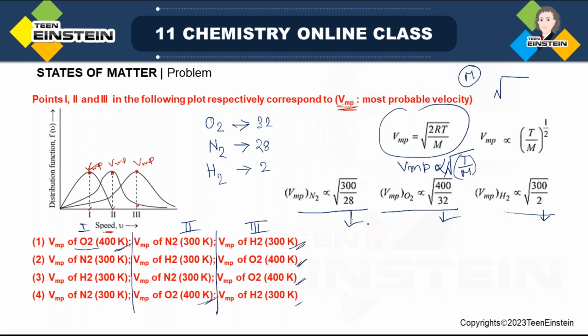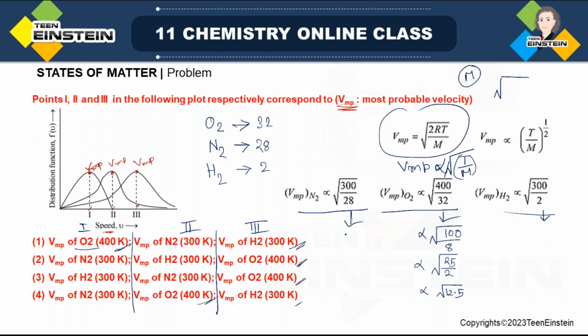You can simplify without using a calculator also. When it is 400 by 32, if we divide by 100, it will be 100 by 8, or I can say it is 25 by 2, which is around 12.5, right?